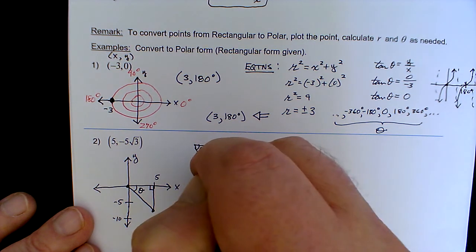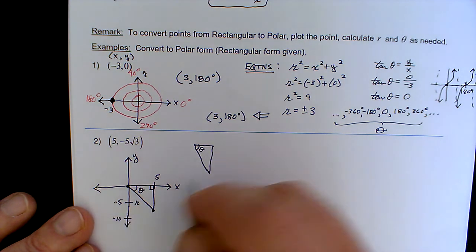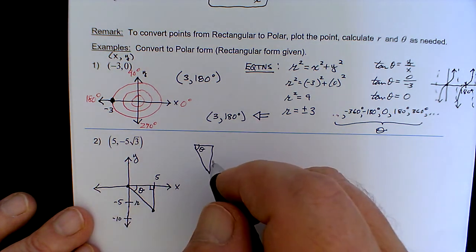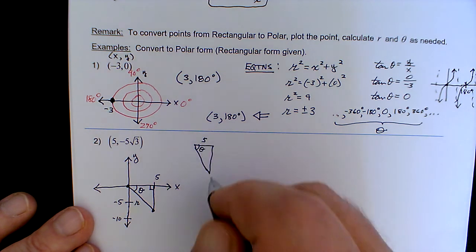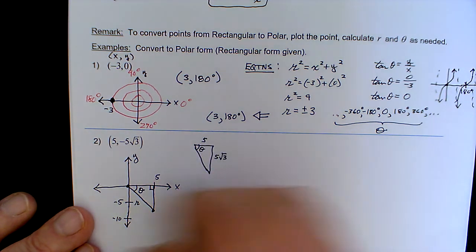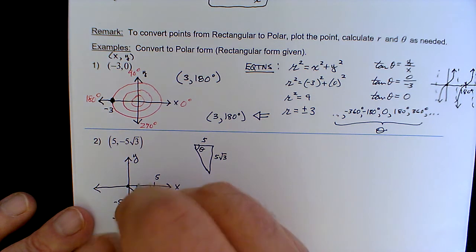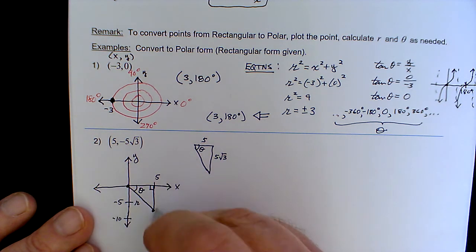Then we have this triangle where we're looking for this radius, R, where this horizontal leg is 5, and the vertical leg is 5 radical 3, because that's what it took to get there, just 5 in the x and negative 5 radical 3 in the y.